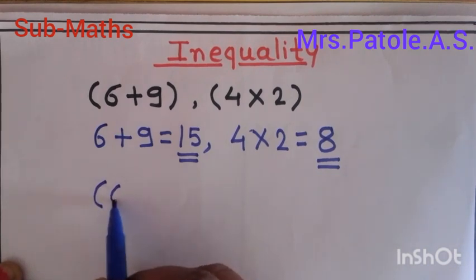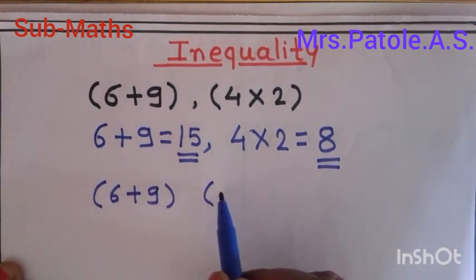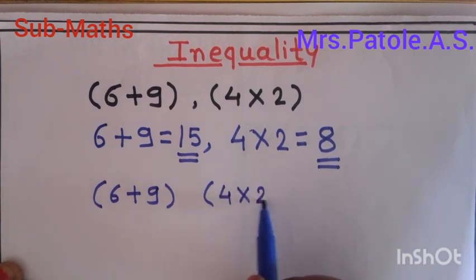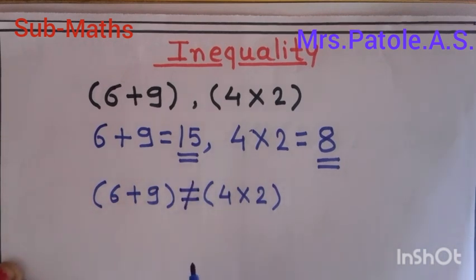First expression 6 plus 9 and second expression 4 into 2. These two expressions are not equal. By using this symbol, we can show that these two expressions, or the values of these two expressions, are not equal.